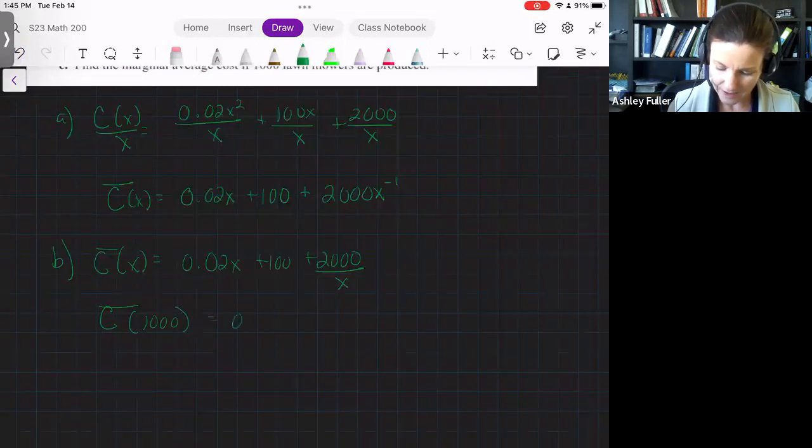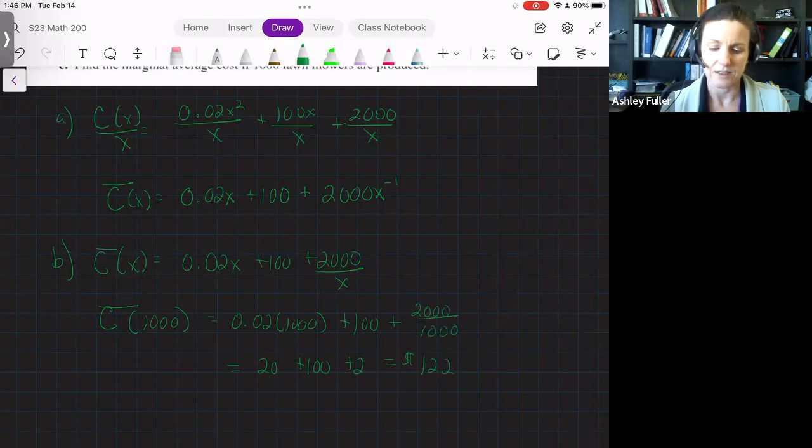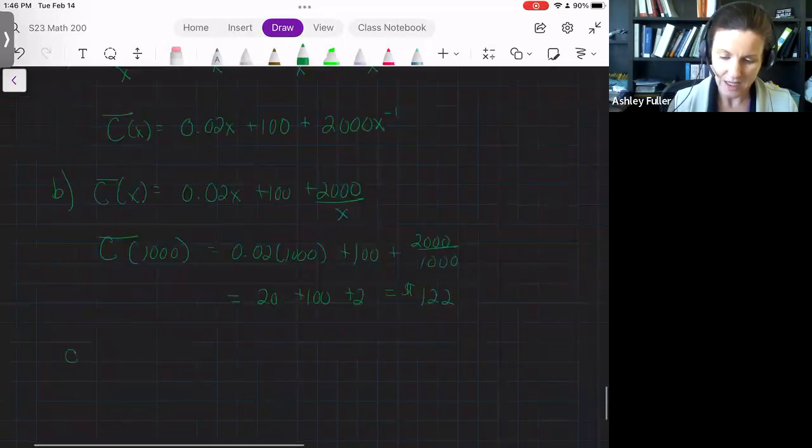And when I do that, I get 0.02 times 1,000 plus 100 plus 2,000 divided by 1,000. And this gives us 20 plus 100 plus 2, or $122. And that is the average cost per lawnmower if 1,000 are produced.